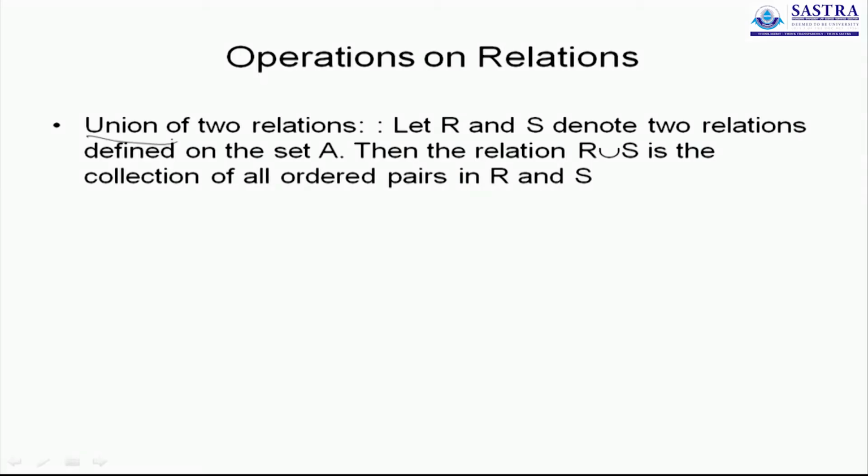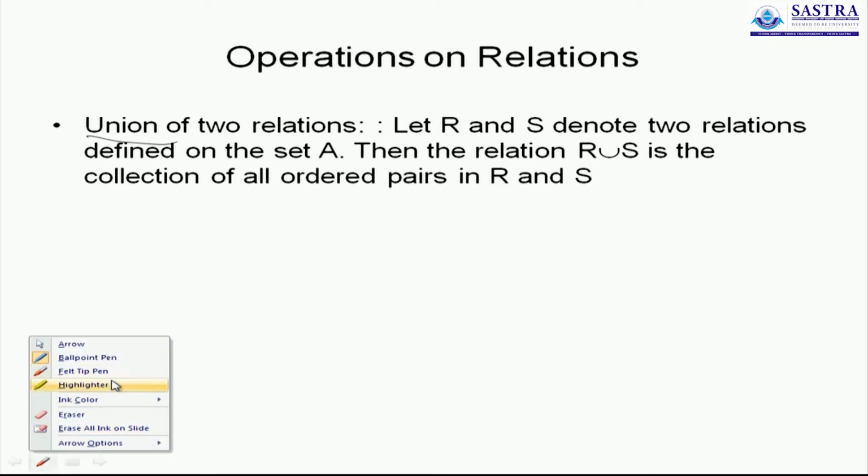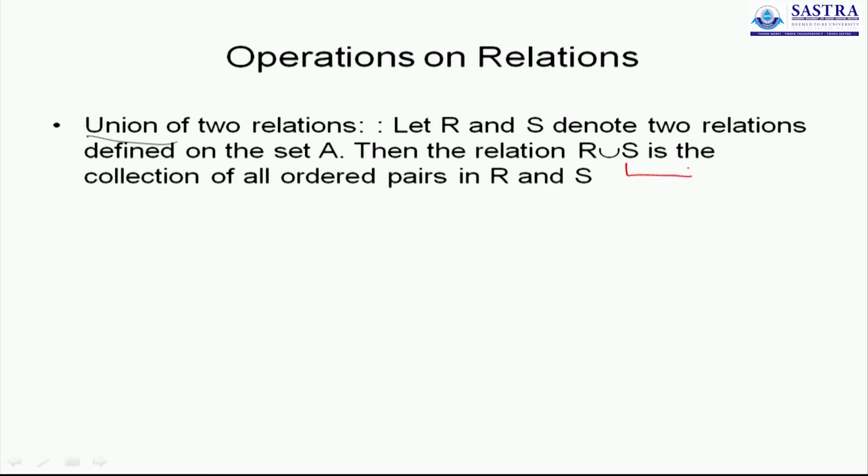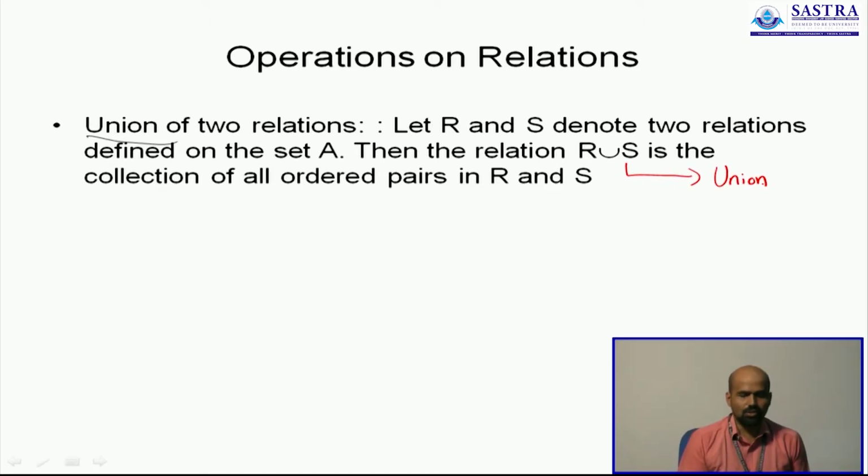If R and S denote a couple of relations defined on a set A, then the relation R union S, signifying the union of two relations, is the collection of all ordered pairs in R and S. So everything in R and everything in S is included without getting duplicated. That is what we call the union of two relations.